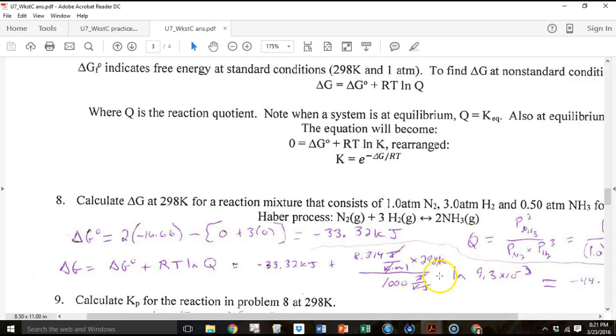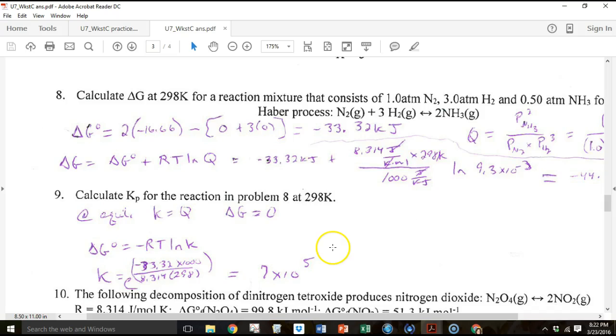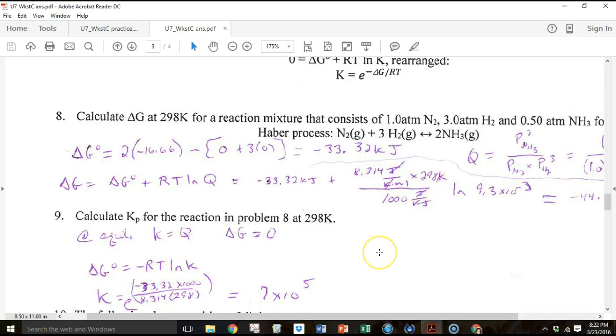So we no longer have these non-equilibrium conditions, right? The numbers we were initially given in the problem. So we're looking for, what is that ratio going to be of this expression at equilibrium? And so we plug everything in, and then solve it, and you end up with 7 times 10 to the 5th.